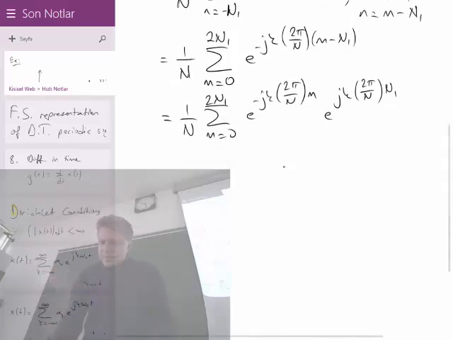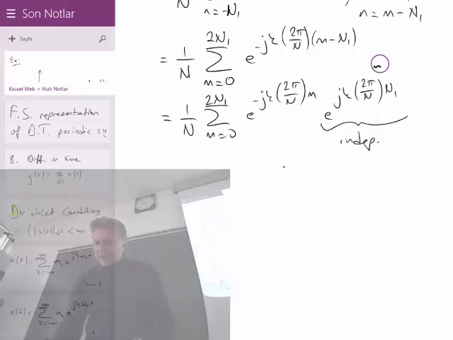Now the second exponential here is independent from m. Therefore it's a constant thing. If you know capital N or capital N1, and for a fixed value of k, it has nothing to do with m, so it can be taken out of the summation, which is containing m only.